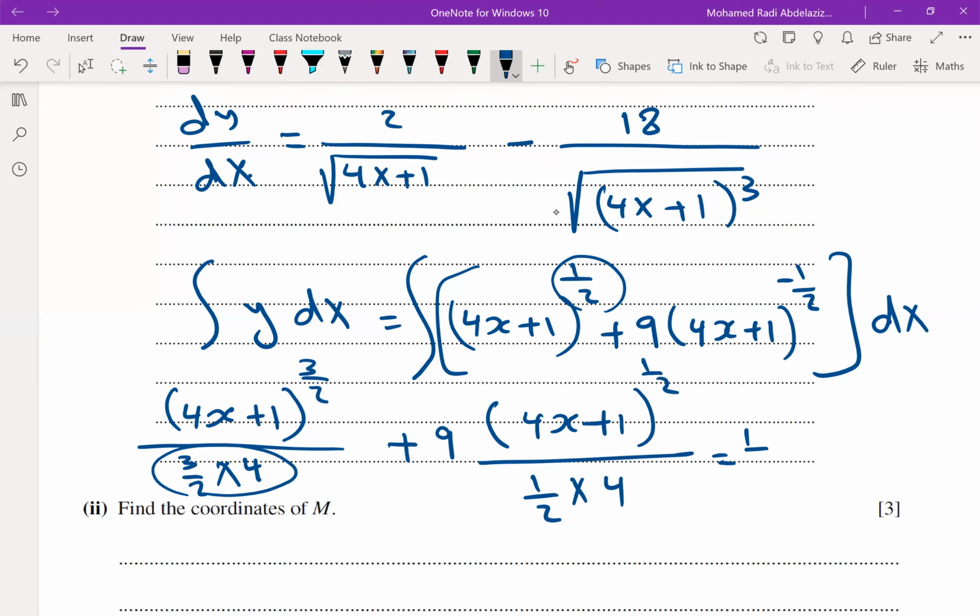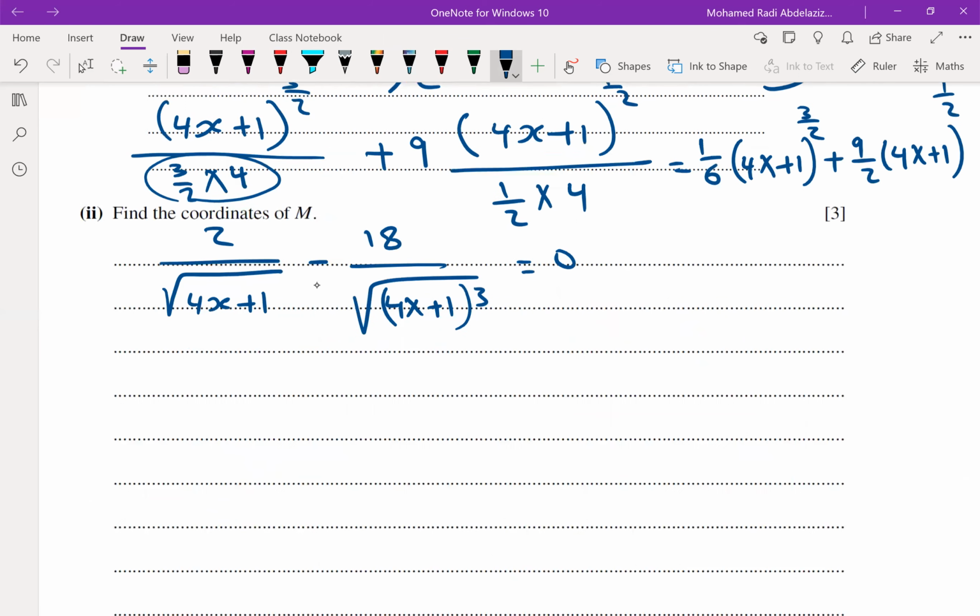By using the derivative, 2 divided by the square root of (4x + 1) minus 18 divided by the square root of (4x + 1) all to the power of 3 is equal to 0.